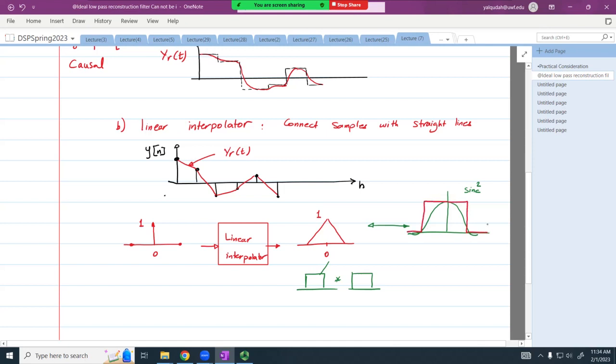All we're trying to do is replace this ideal low pass filter. We said we cannot have an ideal low pass filter. Now we see that this sinc squared is mimicking a low pass filter. The sinc squared is smoother than a sinc. If I use a sinc only, it's going to look sharper than this. Does that make sense? The sinc squared is flatter, and therefore it gives me this nice looking signal.